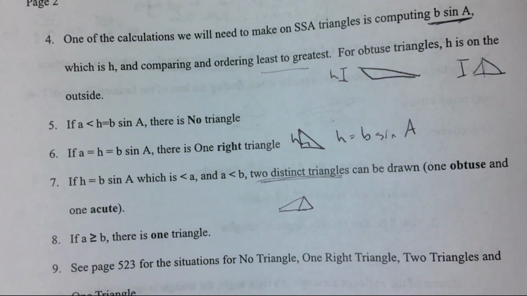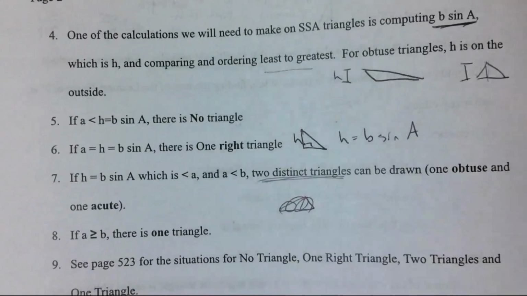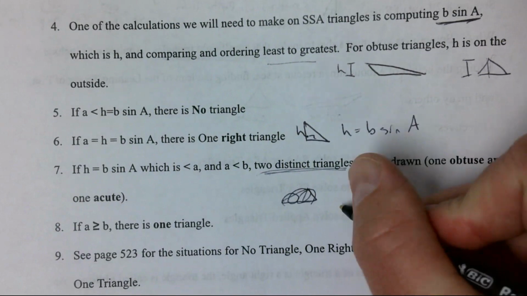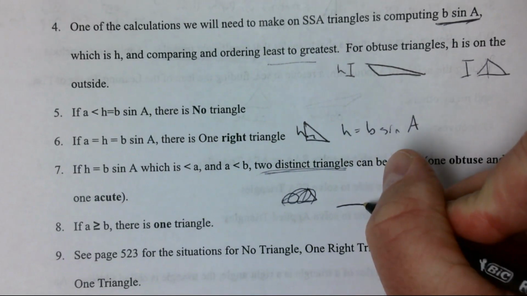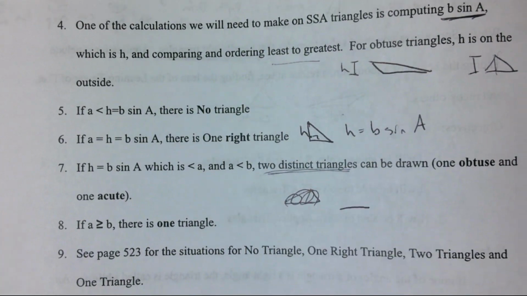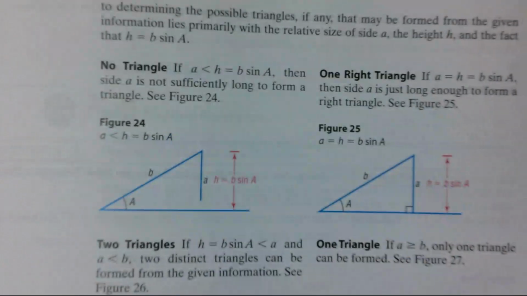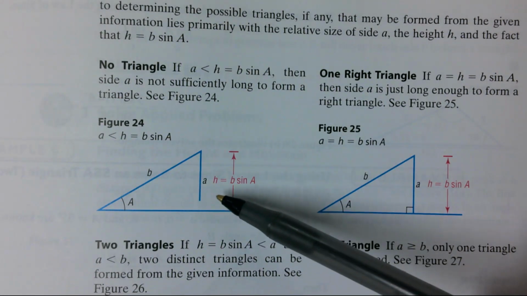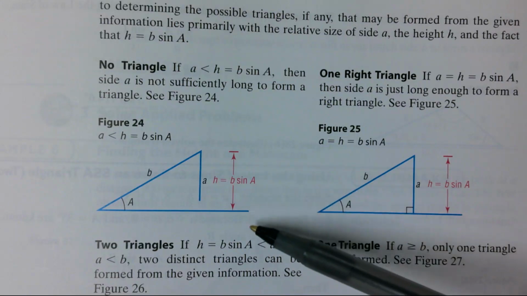I probably didn't do that perfect. Okay, so they have one that's like, let me just show you. Here's the one that doesn't connect, because A is shorter than the height.